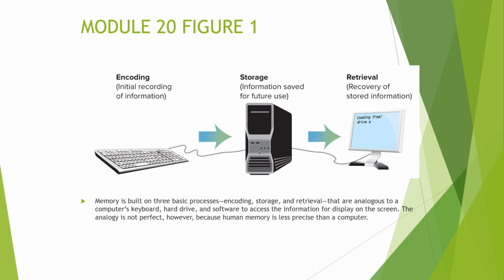The encoding is the initial encoding of the information, so you're typing in the information. Once you save it, that is stored in your computer. And later on, whenever you want to bring that back up, there's the retrieval or the recovery of stored information.